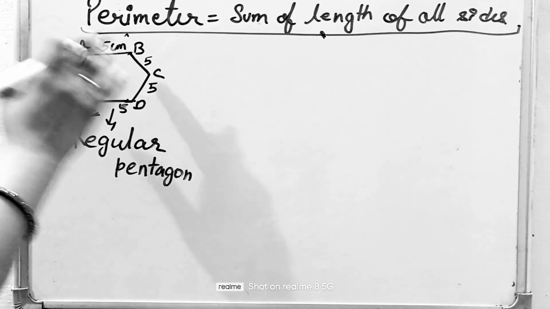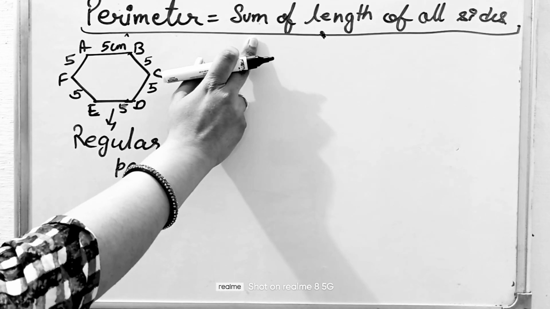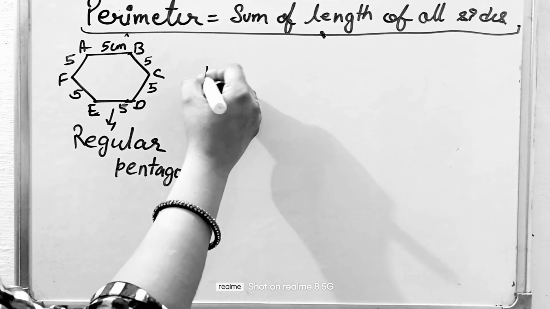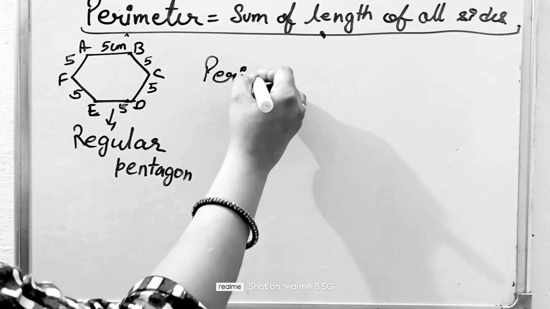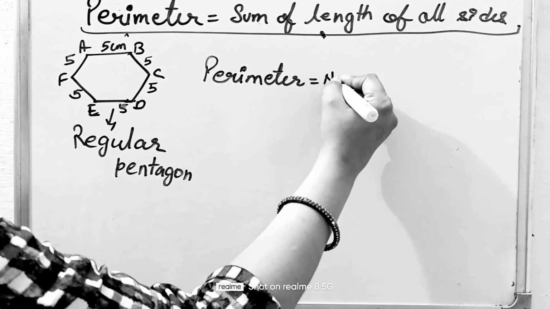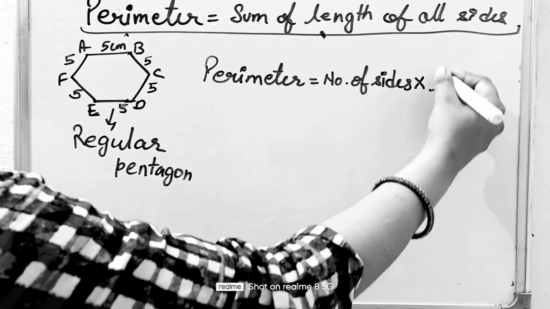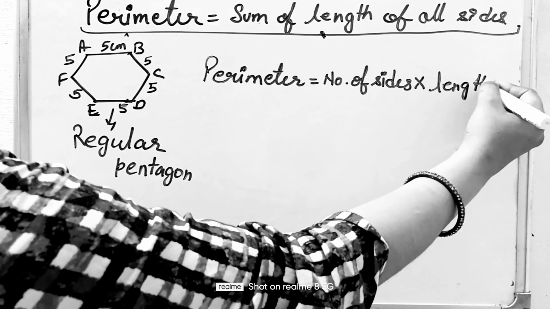Now how can you find out the perimeter of this regular shape? You can apply the general formula, or you can do one thing, that there is a formula for it, that is perimeter is equal to number of sides multiplied with length of side.